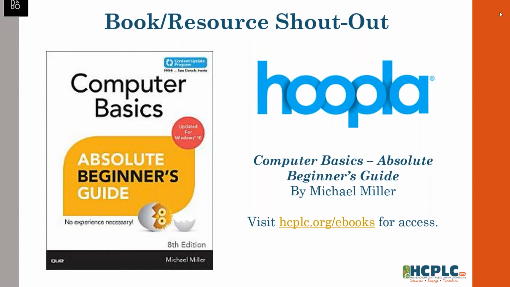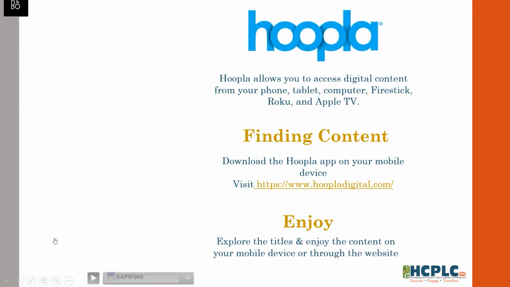And you can find that by visiting our website at hcplc.org/ebooks. So first we're going to talk about Hoopla, and today we're going to be focusing on being able to use your mobile device, whether that be your cell phone or your tablet. But before we get started with that, I just wanted to let you know that Hoopla allows you to access digital content from your phone, tablet, computer, Fire Stick, Roku, and Apple TV.